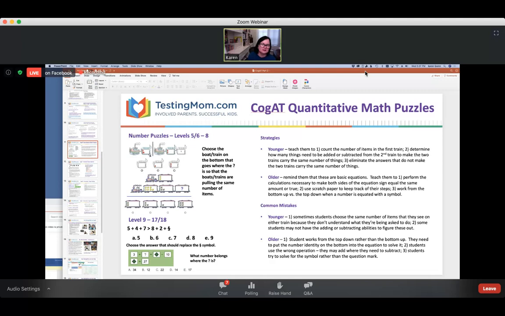And what you need to do here, for younger kids, is look at a boat or a train pulling a certain number of items, and then make them equal to each other. So here there's 3 boxes and this one's pulling 2 boxes, so we need to add 1. So which one below goes here to make them equal? And it would be this one.